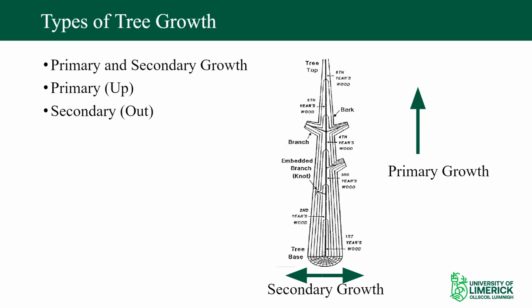Okay, so if we start here, we've got our first year of growth, basically starting from the pith and moving out around the tree. Our vertical height, or primary growth, is almost like a next layer that comes on top of the annual ring, and it's almost a conical structure with each individual year. We can see that as we go out through the knot structures as well.